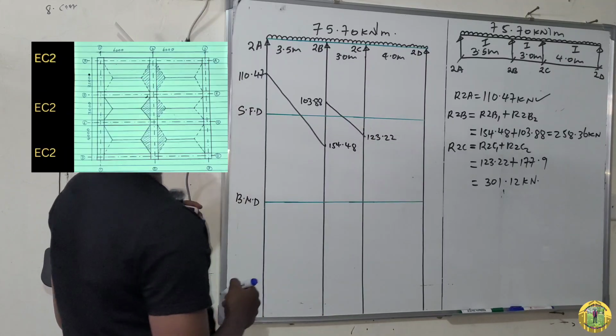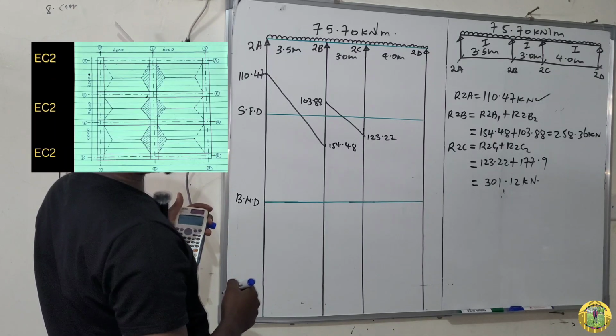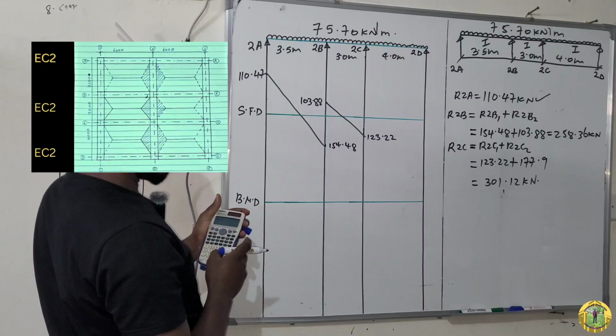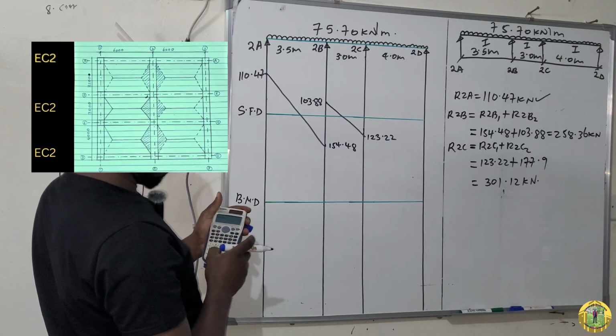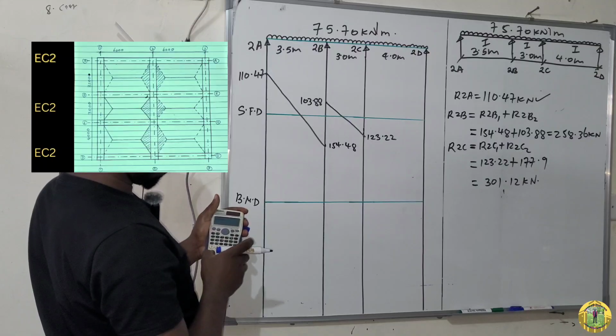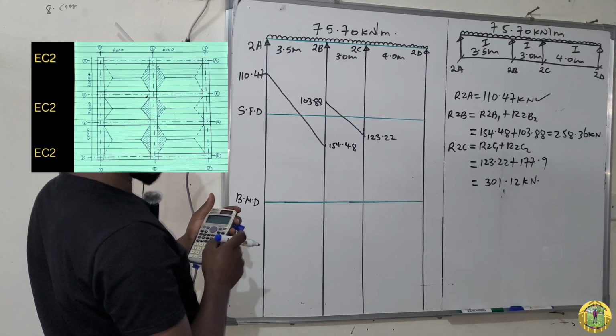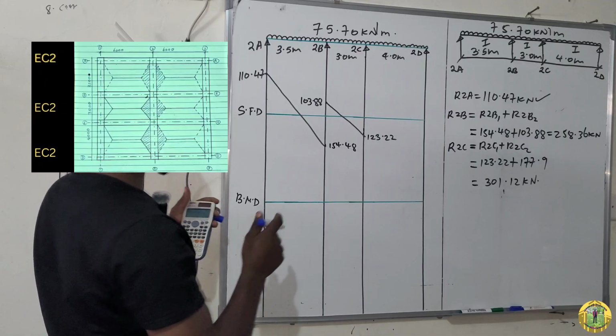And then you add reaction at R2C, 301.12, which gives 177.9.